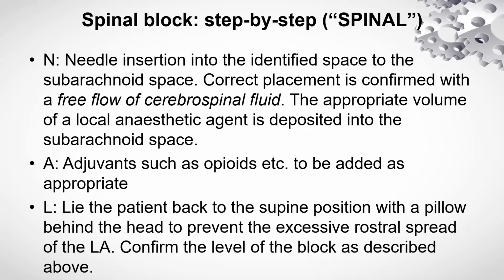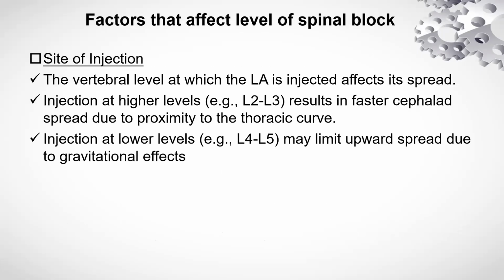And the question we asked before, how can you prevent total spinal or high spinal? You want to put a pillow behind the head to prevent excessive rostral spread. So there are some factors that affect the level of spinal block or even epidural block.